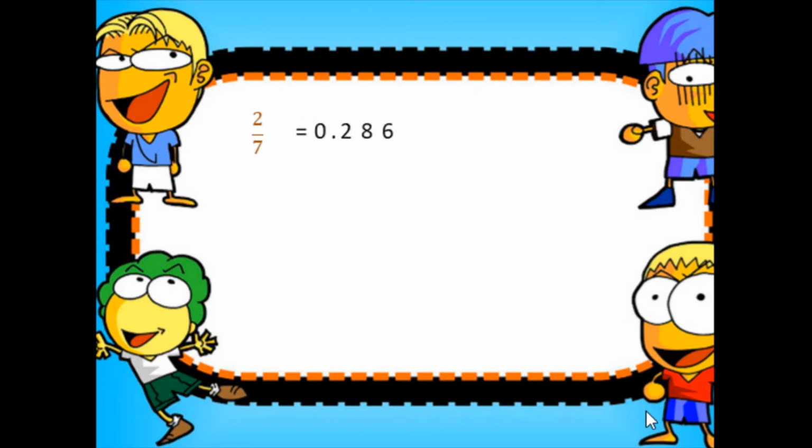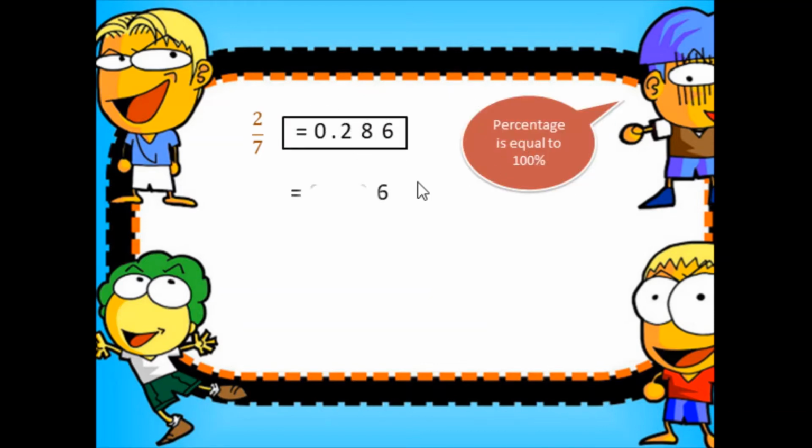Another example. Supposing we have 2/7, we changed it to decimal already, so it's 0.286. Okay? So, move 2 places to the right: 1, 2. That means the decimal point is between 8 and 6. Right? So we write 28.6.